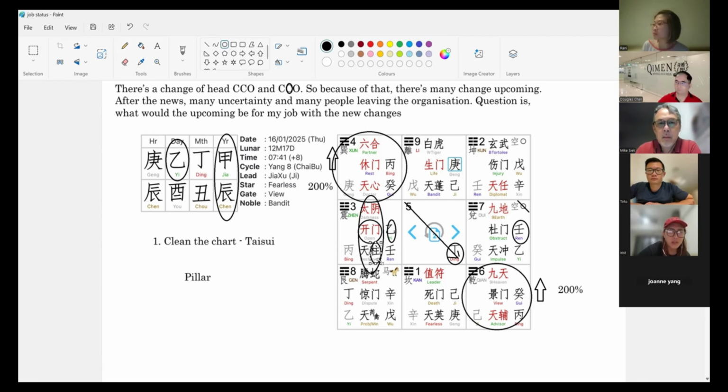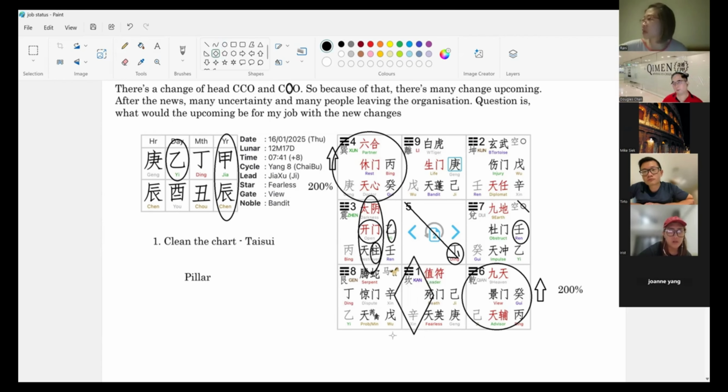Then you look at the leader. What happened to the leader? It is producing him. The leader is over here, which is the supervisor, and he is producing the person. Based on the five elements, when the leader is producing you, what does it mean?